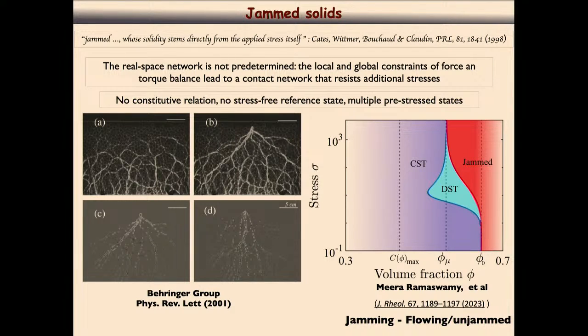So to show you some examples of pre-stress states, these are images taken with photoelastic beads from Bob Behringer's lab way back. And what you're seeing here is a two-dimensional bunch of particles. The particles are very difficult to see, but it's a dense assembly of particles. You can think of it as a kind of sand pile, but it's just a rectangular sand pile. There are boundaries at the left and right.